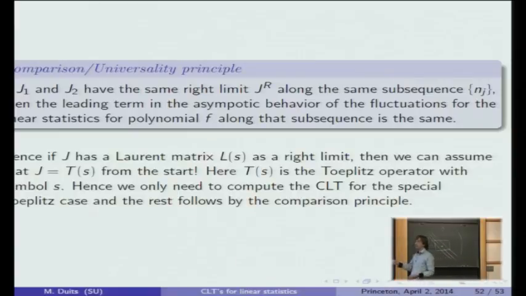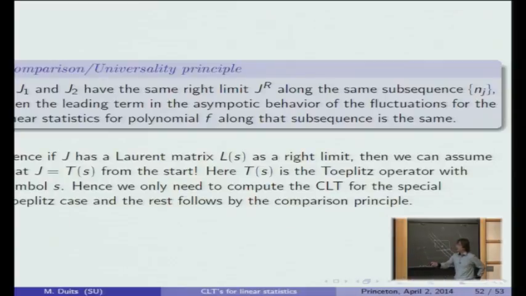Which means that if I have, for example, a Laurent matrix as a right limit, I only have to check any matrix that has the Laurent matrix as a right limit. And there is a special one, the Toeplitz matrix, which of course has the Laurent matrix as a right limit, because if I shift a Toeplitz matrix, I just get the Laurent matrix. Okay, so how do you do this for the Toeplitz matrix?